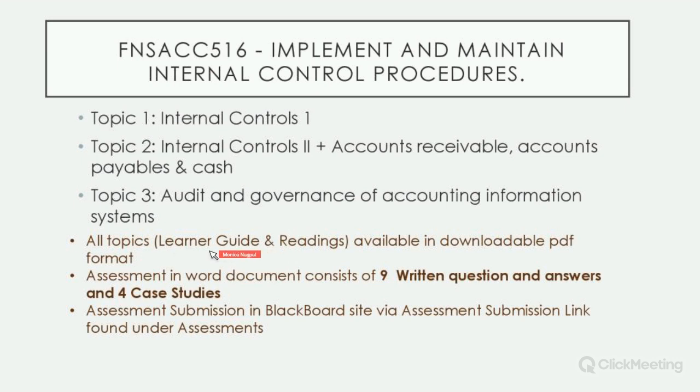All 3 topics are available through the Blackboard site. If you go under the unit documents in the Blackboard site, you will find the learner guide and readings available in downloadable PDF format. The assessment document contains 9 written questions and 4 case studies, and the assessment submission links are all ready for you within the Blackboard site. Now here's the correct code of the unit, FNSACC516, Implement and Maintain Internal Control Procedures.